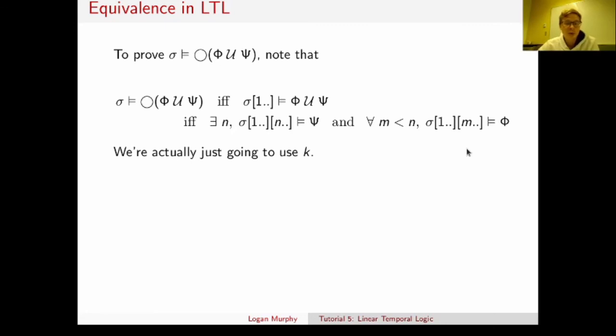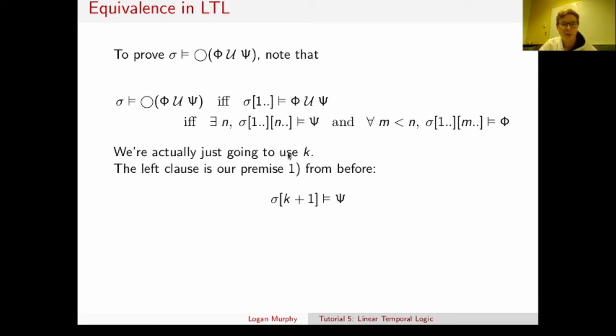We're actually just going to use k, which is the number in our case analysis of our j, and we substitute k in for n here. So the left clause that we're proving here, that sigma 1 k satisfies psi, is exactly our premise 1 from before, where we substituted k plus 1 in for j.